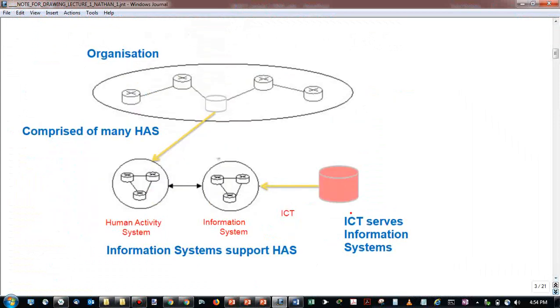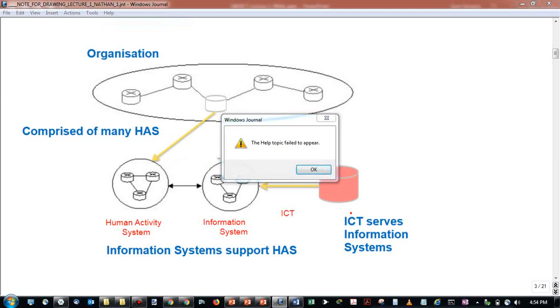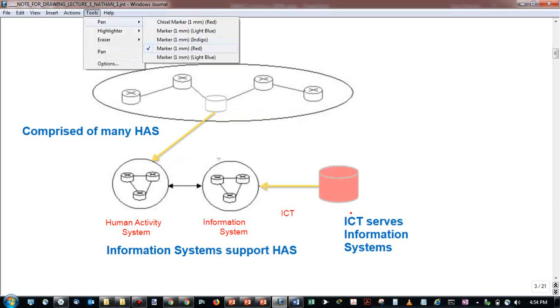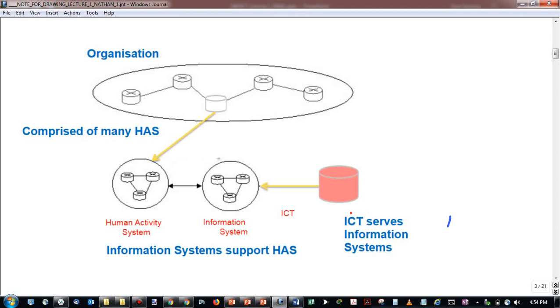That diagram shows you as a picture what's going on. Let me draw it slightly differently. I'll just use a different color, blue. Basically what we have at the bottom here is the ICT stuff.